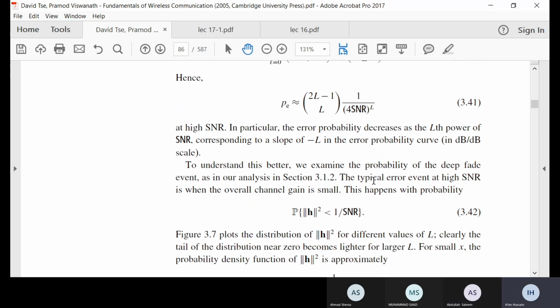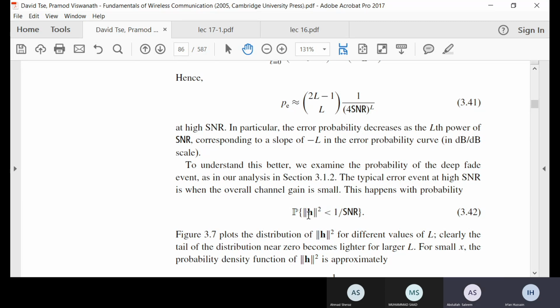All right, now this is an approximation, but we also try to do an approximation with respect to the knowledge that we have learned from our previous Rayleigh fading channel, when we had only a single channel coefficient, only a single value of h.